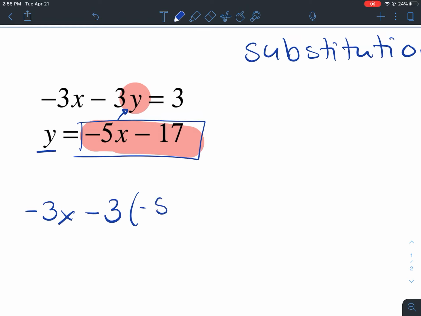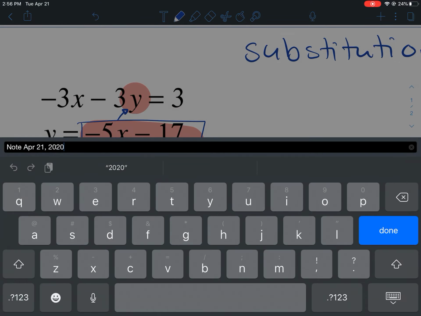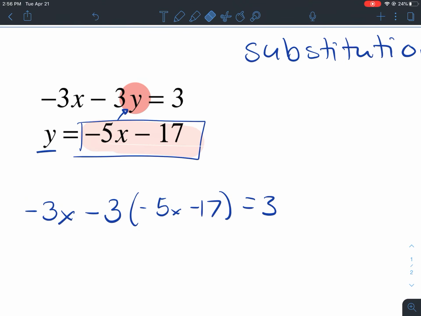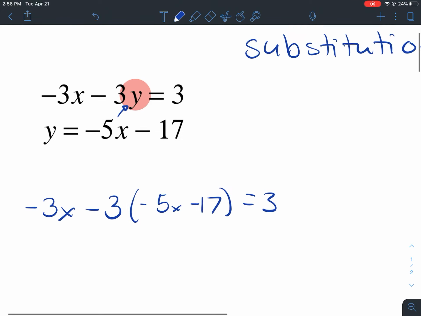So I do minus 3 and then negative 5x minus 17 equals 3. So all I did here was take this second equation, what this y equals, and stick it in for the y in the first equation.